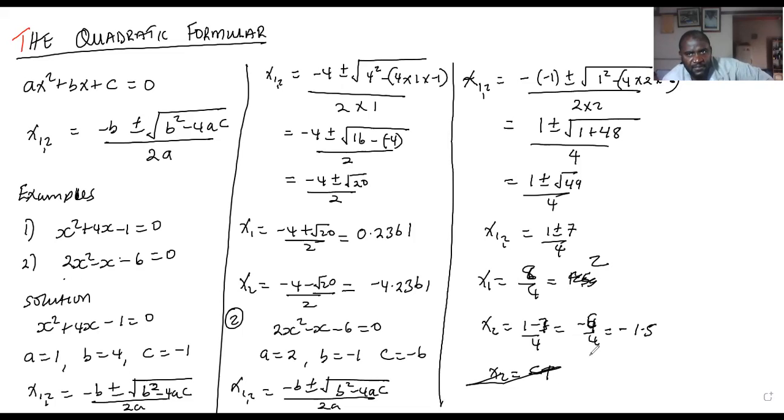Investigate -1.5, which is -3 over 2. 1.5 squared is 9 over 4. 9 over 4 times 2 is 9 over 2. 9 over 2 plus 3 over 2, you get 12 over 2, which is 6. 6 minus 6 is 0.